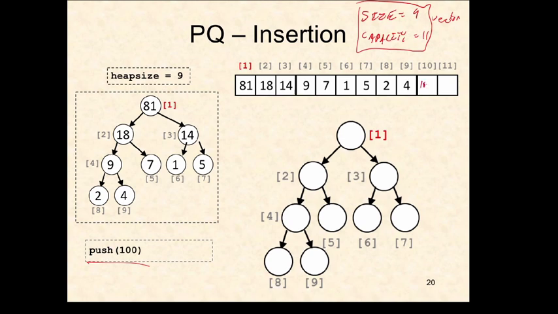So it ends up there in the underlying vector. Where does that go in the tree, though? In the tree, I don't have quite enough room to do a straight line. We'll do a squiggly arrow here. It needs to go to the left of 7, because remember, we fill top to bottom, left to right. This has got to be the left child of 7, has the value 100.